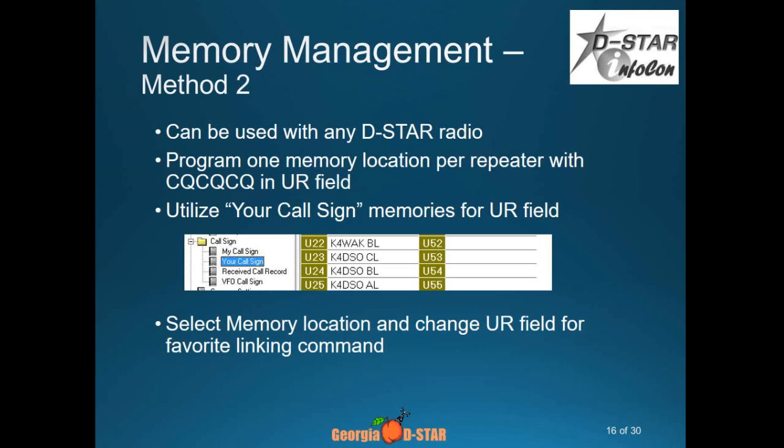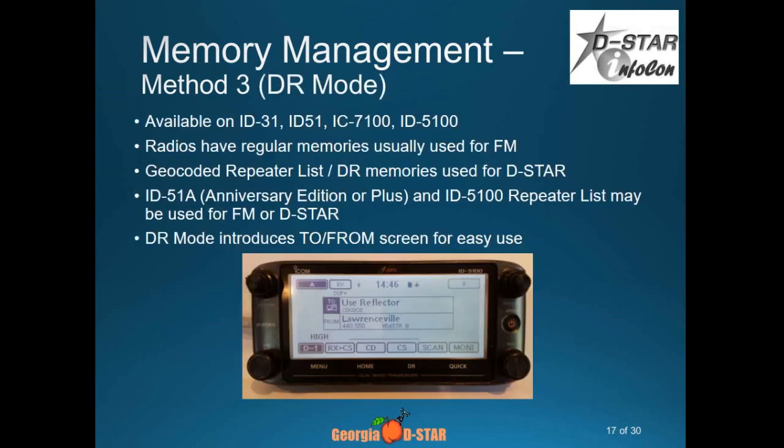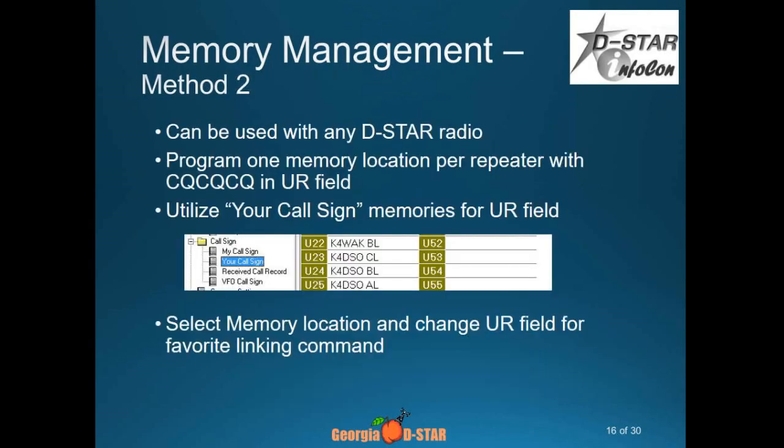And you've got, I think, 60 memories that you can put your favorite linking commands in. So if you select that and scroll through the list, pick the one you want, that's like changing that UR field. So if you've got an 880, an 80 handheld, or a 2820, you've got that capability. That gives you 60 favorite locations that you want to program in there to use.